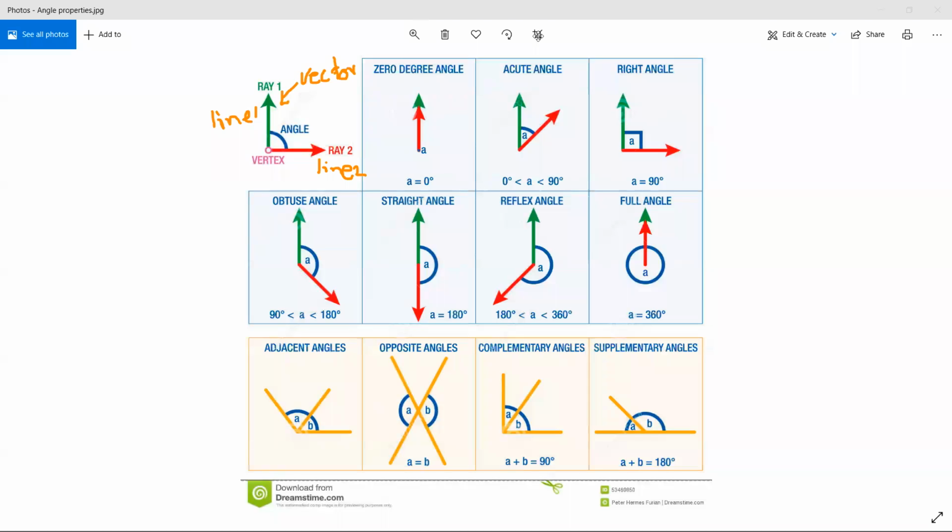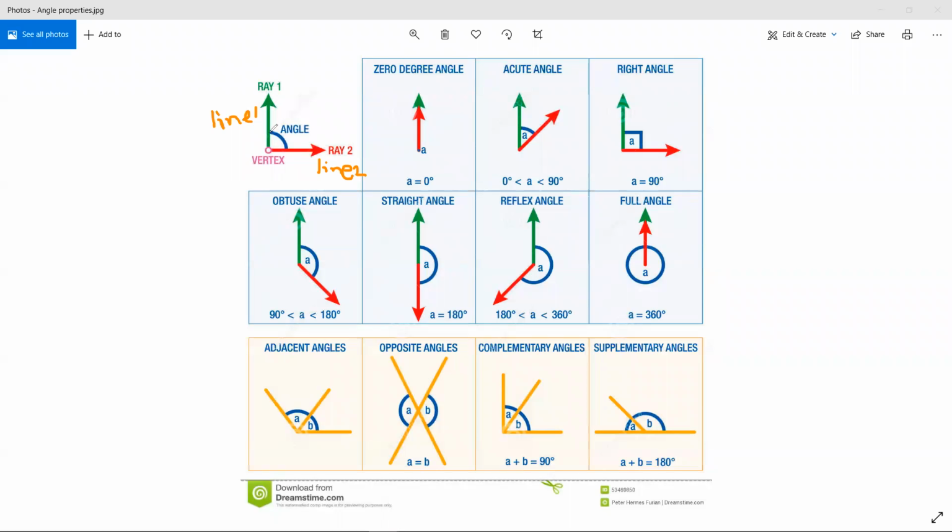Okay. Yes, right, let's go back. So you get that this ray is called a line, right? It's a line going up and there's a line going to the right. You must say yes so that I know I can proceed. Yes, sir.